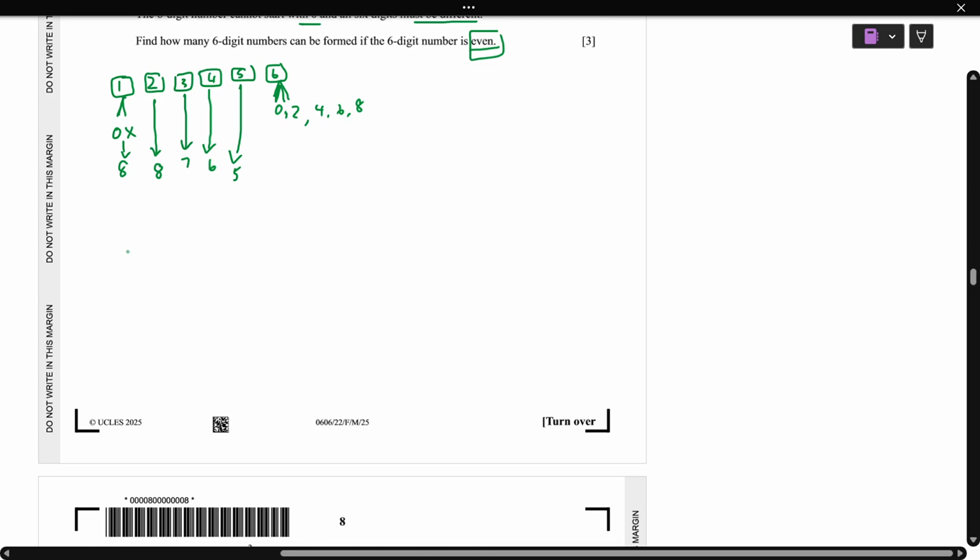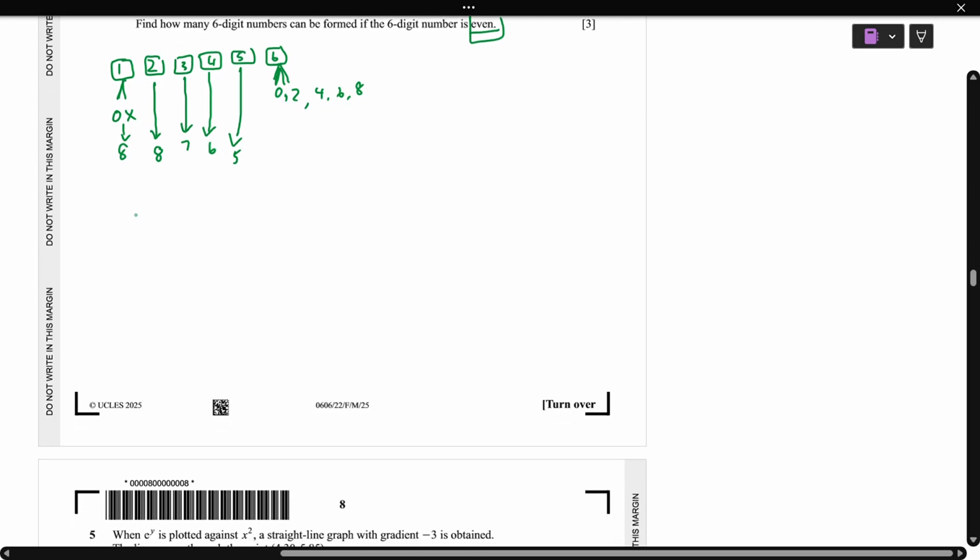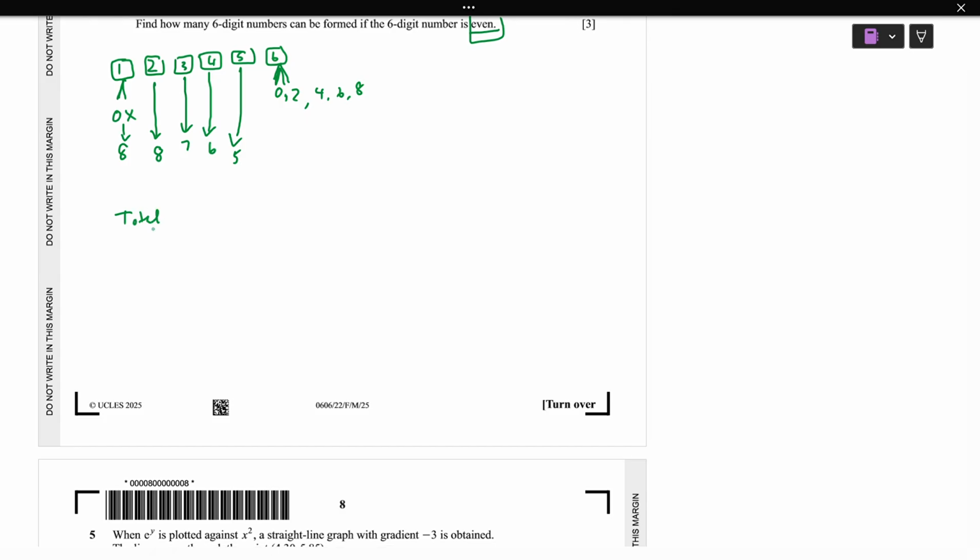Okay, so the total 6-digit numbers: we just need to multiply.